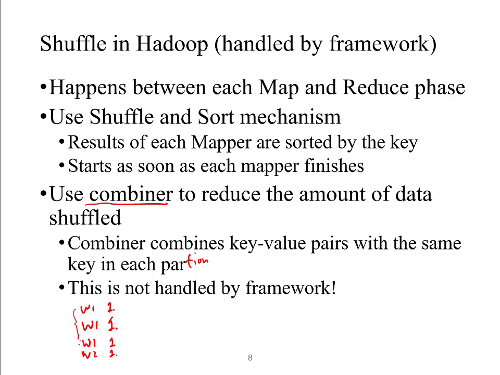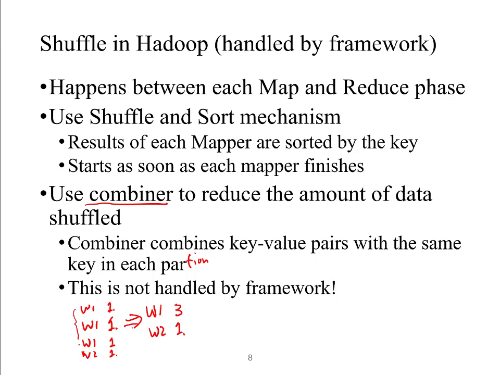So we combine these three W1 together. Since we're doing the word count, we write a 3 here. And because there is only one W2, W2 1 remains here. So this is what the combiner does.